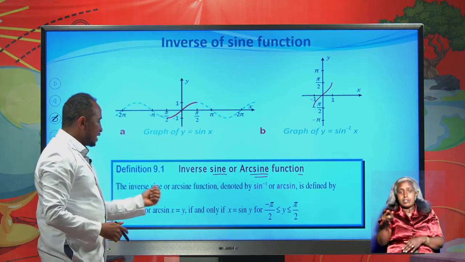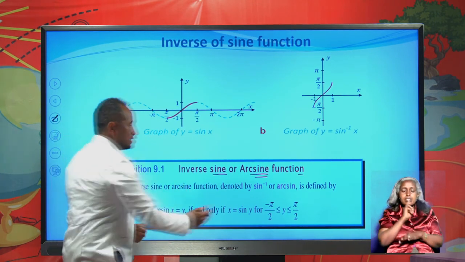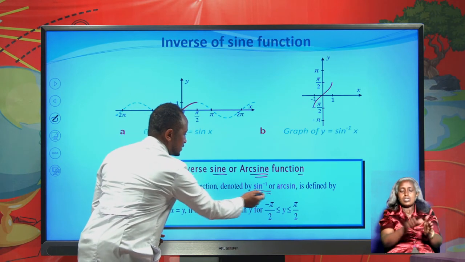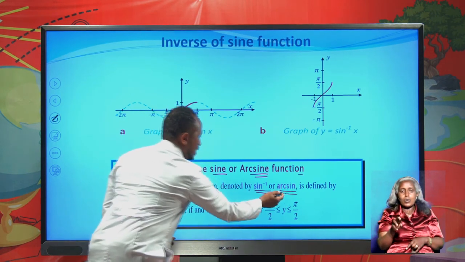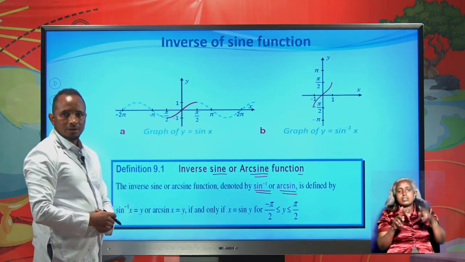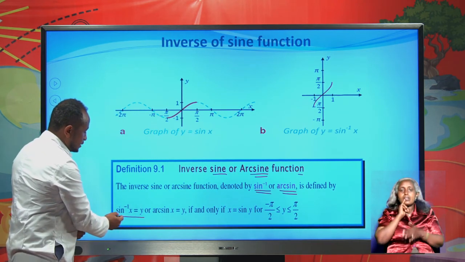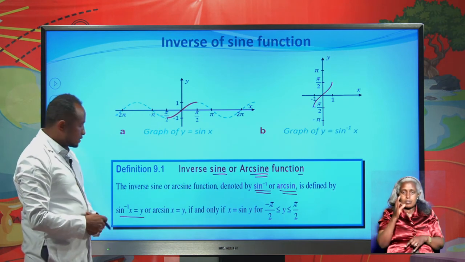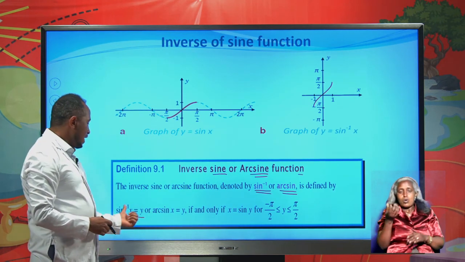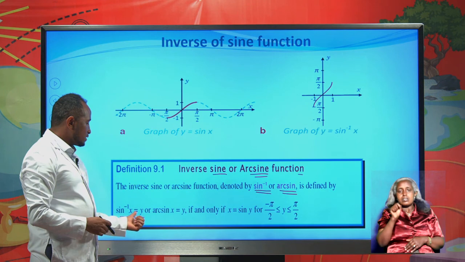The inverse sine or arc sine function is denoted by the symbol sine inverse or arc sine. It is defined by: sine inverse of x equals y, or arc sine of x equals y.